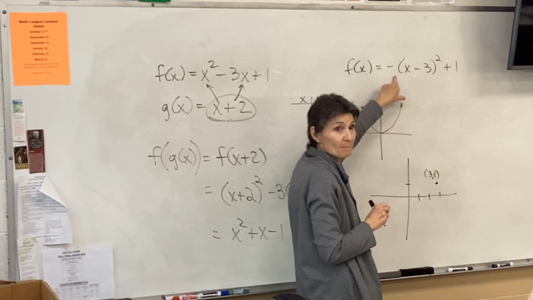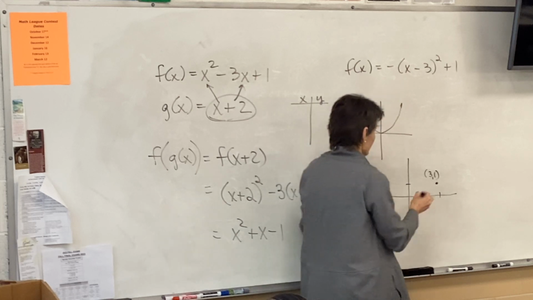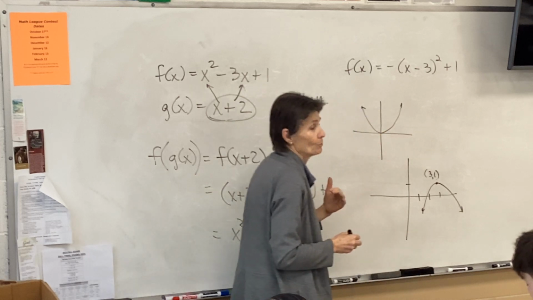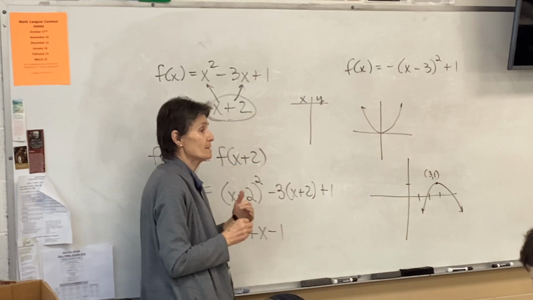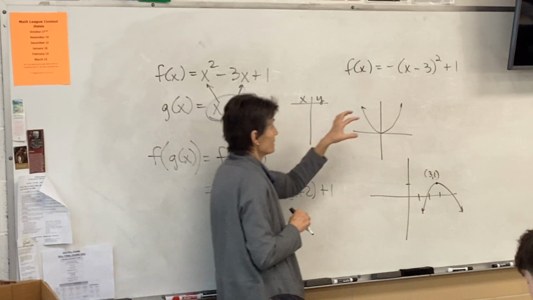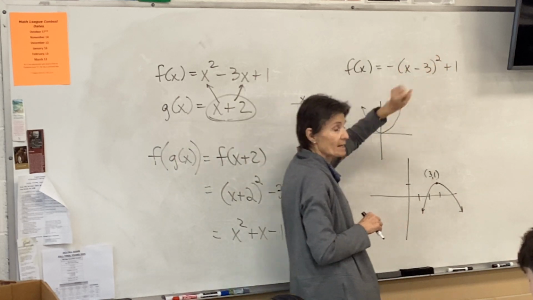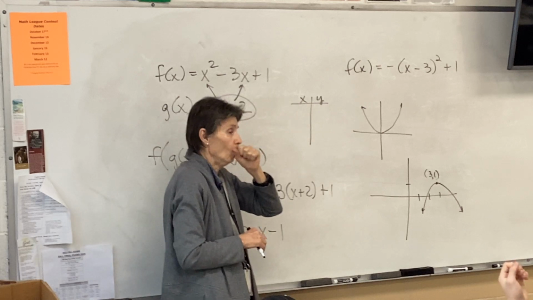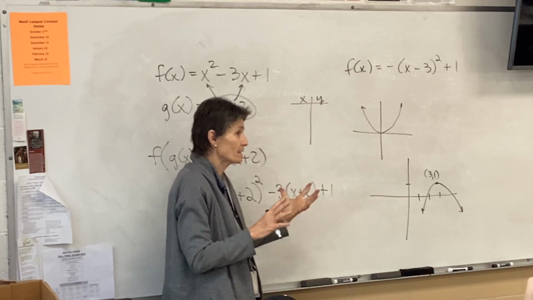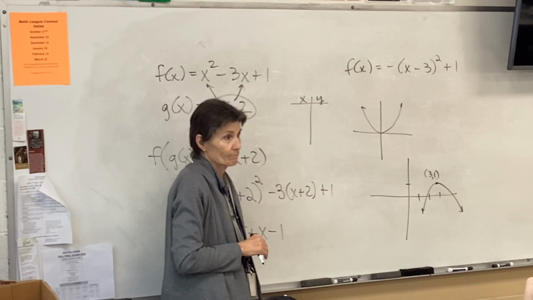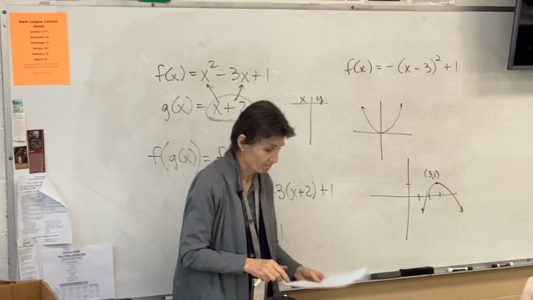It's going to flip and be upside down. So you don't have to plot points if you recognize the general equation that you're starting with, which in this case is quadratic. All quadratics, all x squareds, are going to be parabolas, in this case moved and flipped.